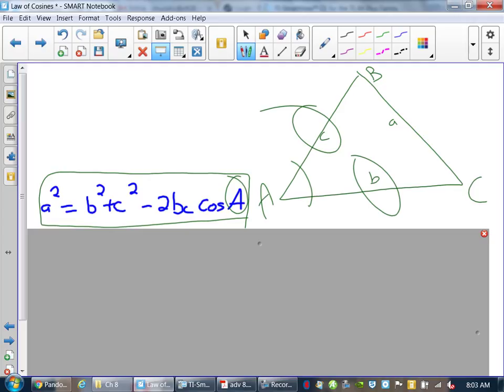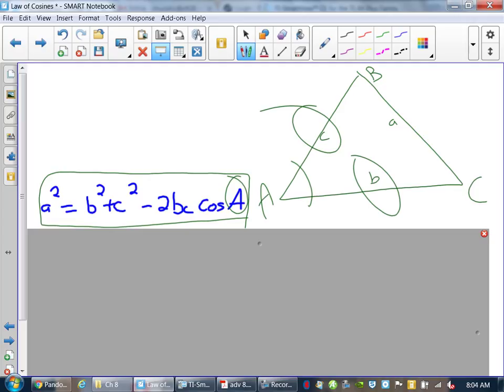As we go through these, I think it might be easier just to write them out and show you an example of how you piece it together. Because once you start to see how you're picking the values, it's, I wouldn't say it's as easy as the law of sines, because you have to be careful with the subtraction piece. So there's two parts to these problems.